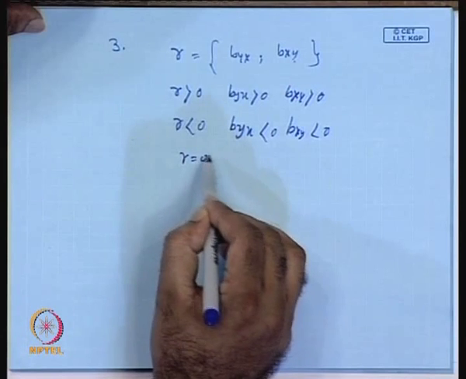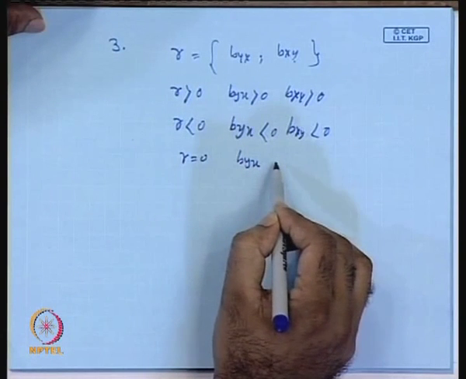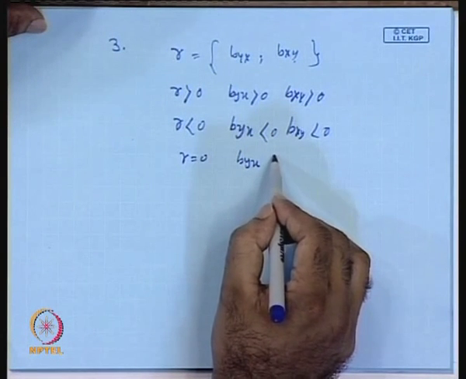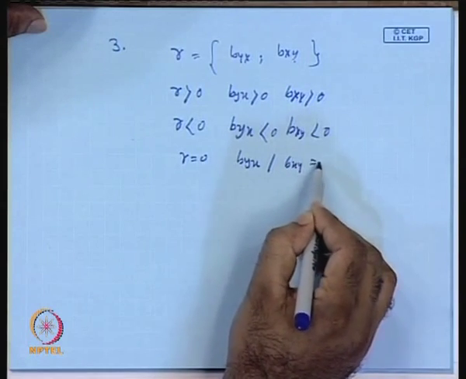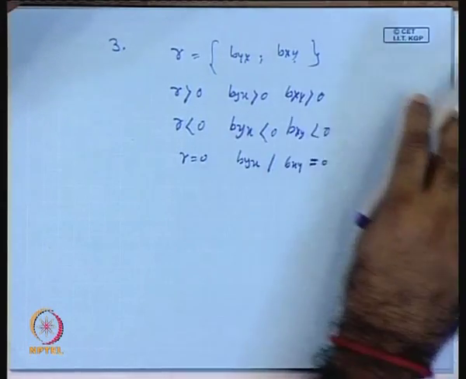Or if r equal to 0, then Byx, or you can say Bxy, is equal to 0. So, that means both regression coefficients and the correlation coefficient usually have the same sign. By any chance, it cannot be different.